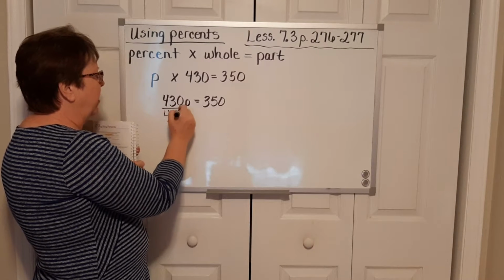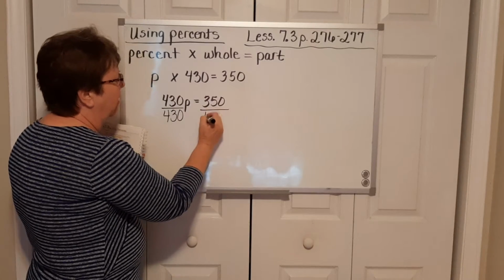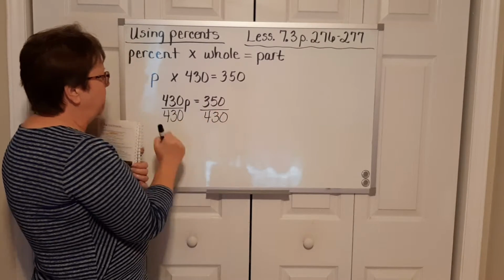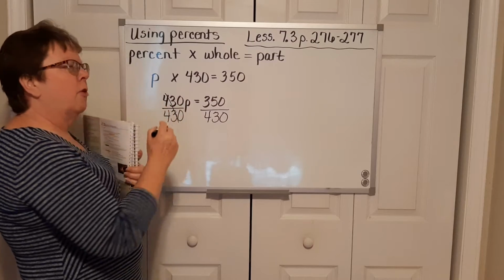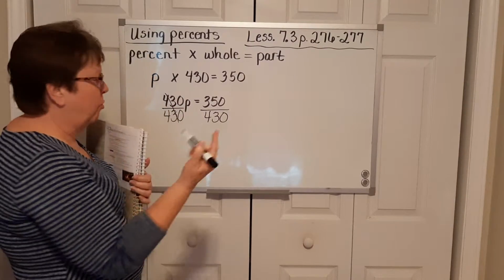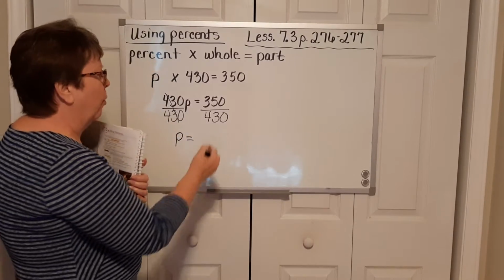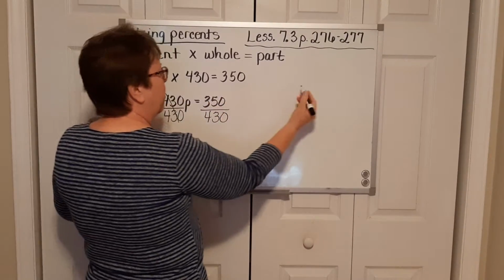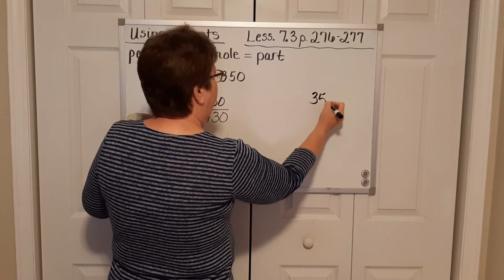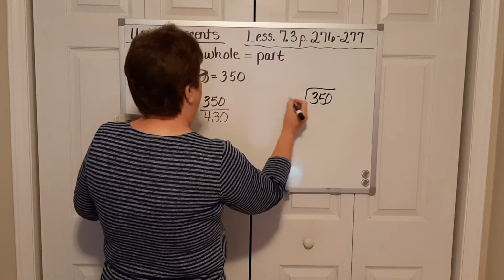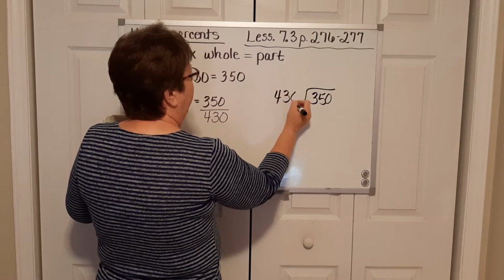So we'll divide both sides by 430. 430 divided by 430 just leaves you with 1P. Now we're going to divide here. Again, your top number goes inside your division box, so 350 divided by 430.